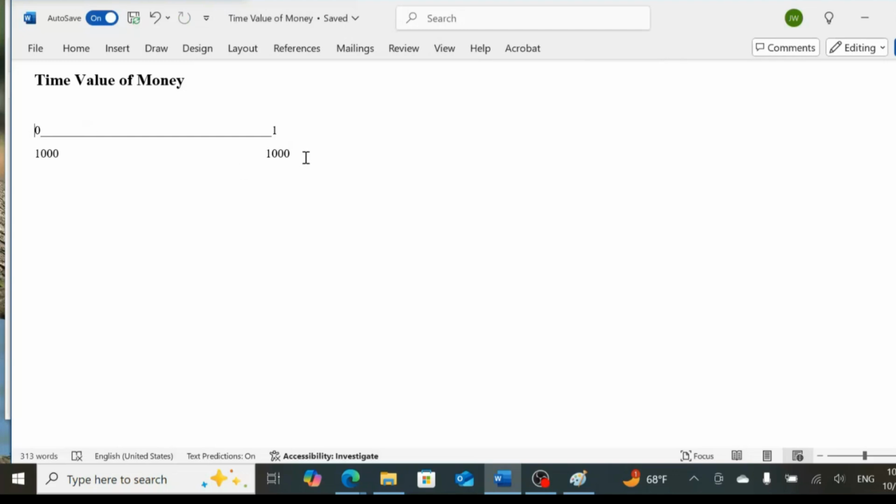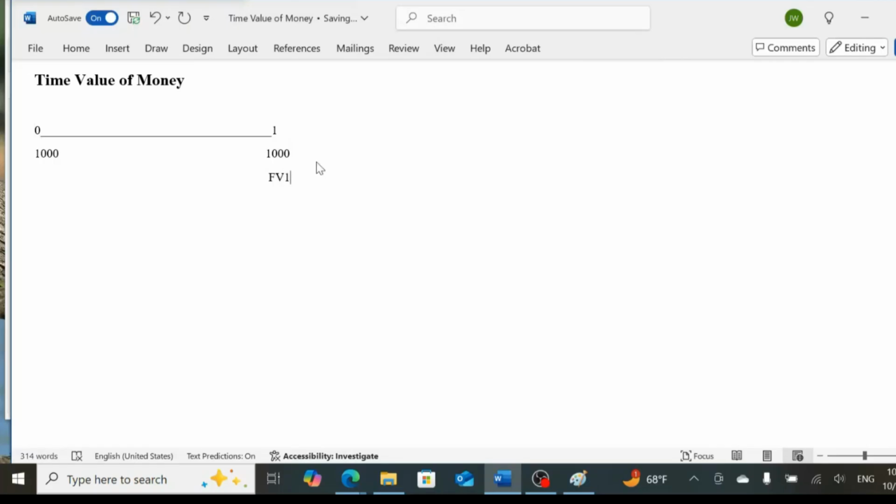So what is the equivalent amount of today's $1,000 next year? It must be higher than $1,000, right? So the answer to this question is called future value. Since anytime from now is future, we need to specify the future.